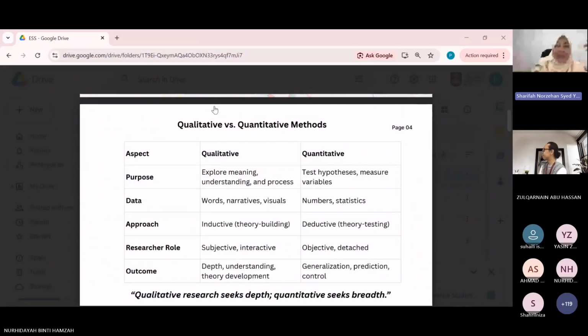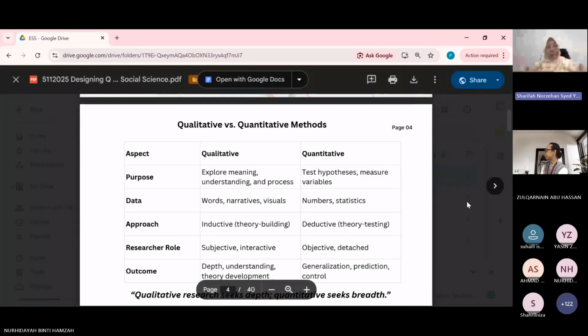That is why you are using qualitative and why you are using quantitative. When it comes to the difference between both, the purpose of doing qualitative or quantitative is definitely different. In the context of qualitative, you are going to explore the meaning and to understand a situation or certain processes.